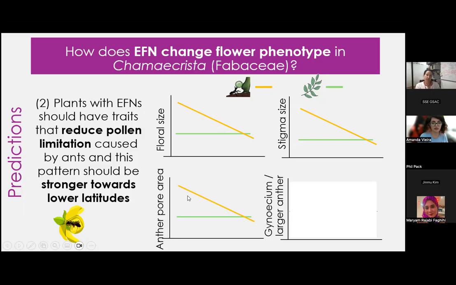The pore area should also be larger in lower latitudes than in higher latitudes. We don't know about latitude for this last trait, but they might have similar sizes in gynoecium and larger anthers in plants with extrafloral nectaries. So here plants will have a higher gynoecium than anthers, so no outcompatibility.